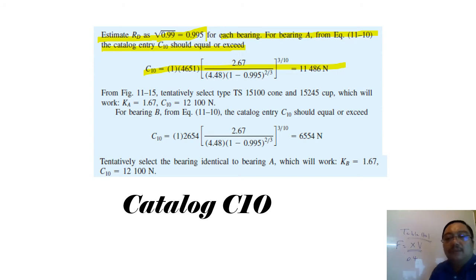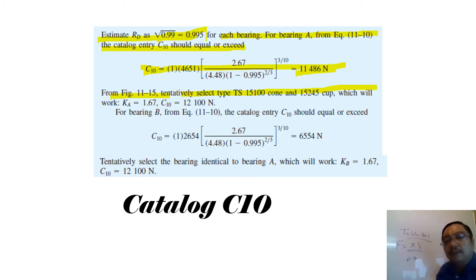So the catalog rating C10 is 11486 Newton. From figure 11.15, tentatively select TS 1510. That is why I don't put the table inside here. I suggest that you have the book beside you, so that you can see figure 11.15.